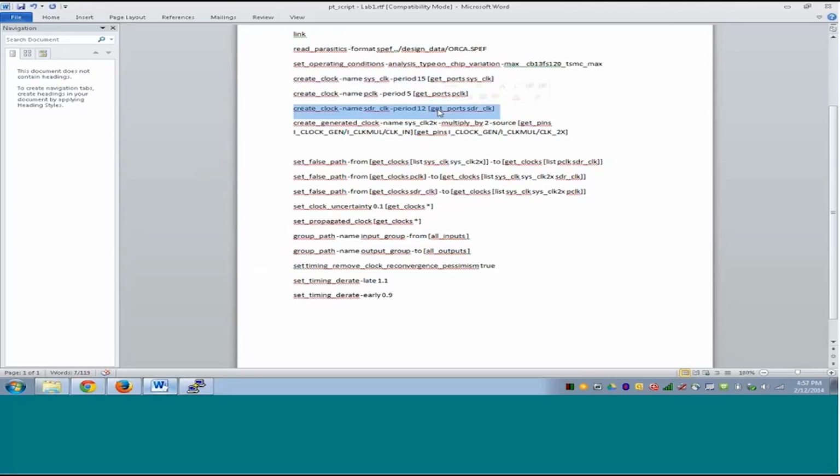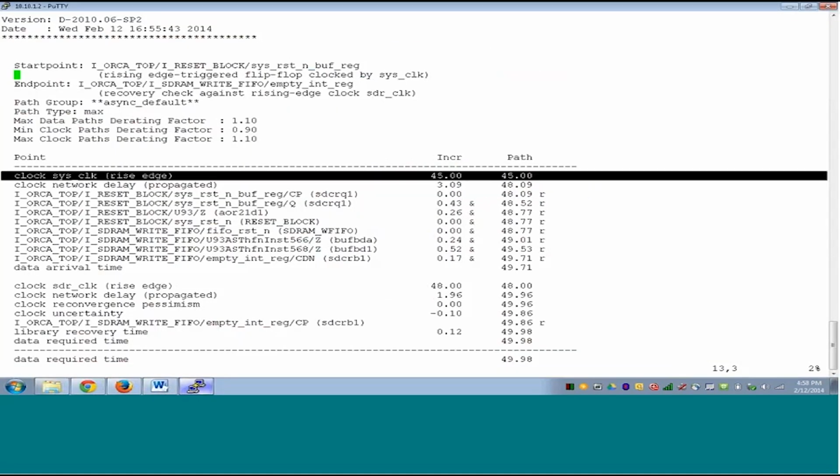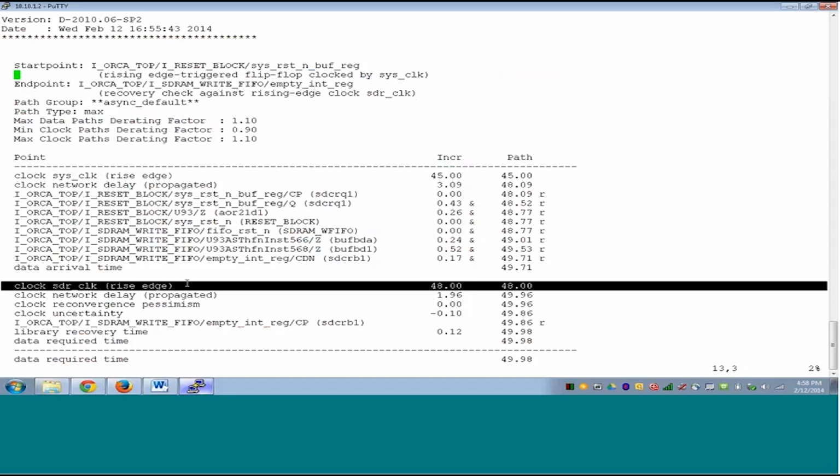So at some point during the complete LCM period, it will happen that this clock, if it is the capture clock, will capture after a period difference of whatever the period difference is. So here you see the difference is 3, and here sys clock 45, SDR clock 48, the difference is 3. So it will happen.